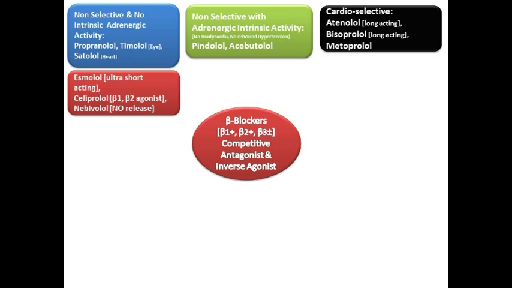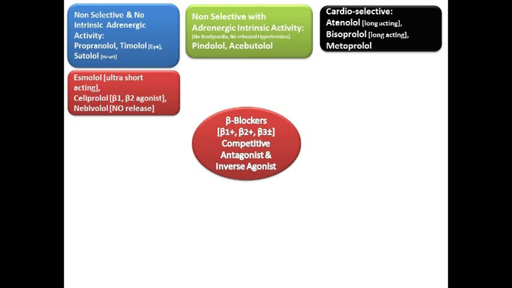Then we have some more cardioselective beta blockers, but with specific activities, like celiprolol. That's a beta 1 blocker, but it's a beta 2 agonist. So cardioselective on one side, but on the other side it's a beta 2 agonist.